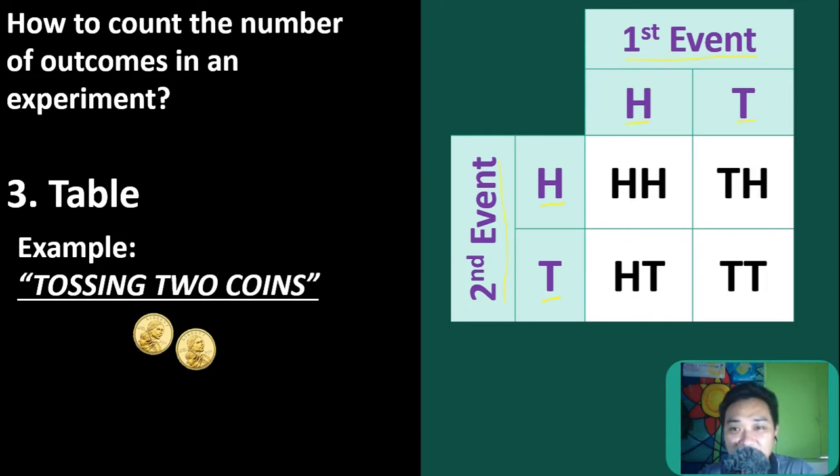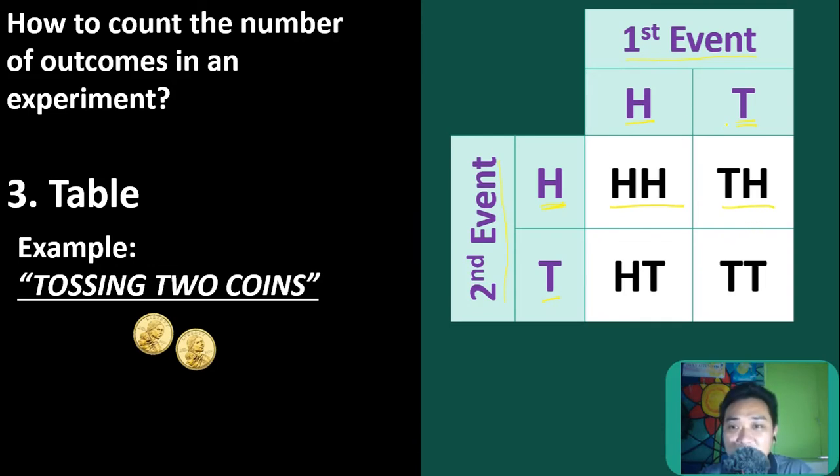So, if we have a head on our first event as an outcome, and then on the second event, we have another head, the outcome or sample outcome will be head, head. And of course, if we have a tail on the first event, and we have a head on the second event, that will correspond to tail, head.